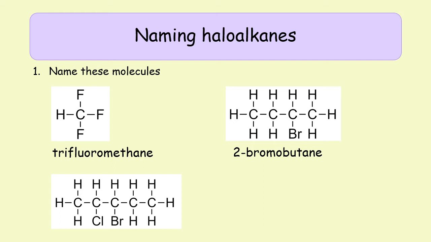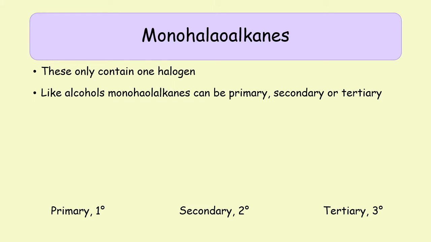Remember, putting them alphabetically, bromine comes first, so bromo, then chloro. And we want the numbers to be as small as possible, so it's going to end up being 3-bromo-2-chloropentane.